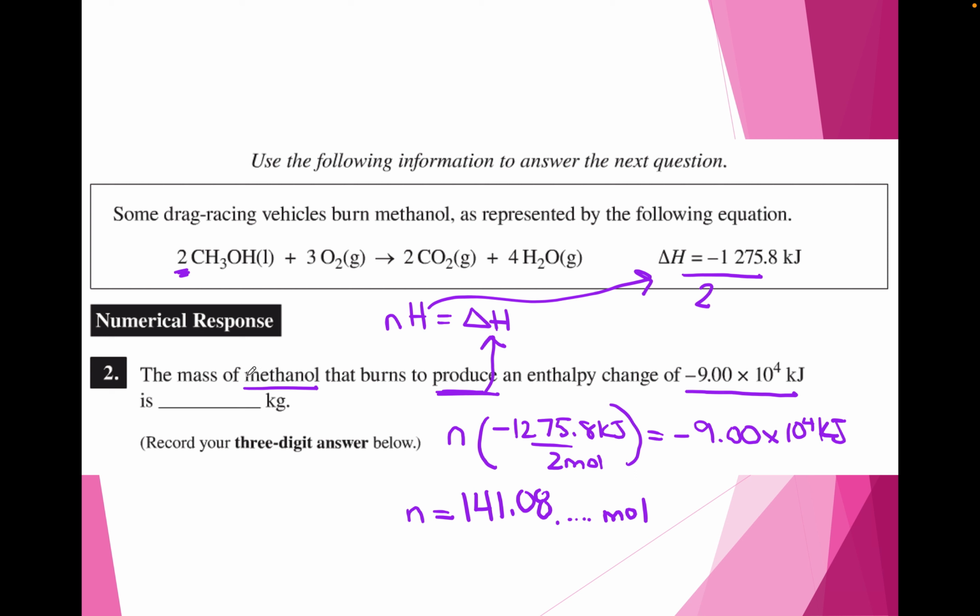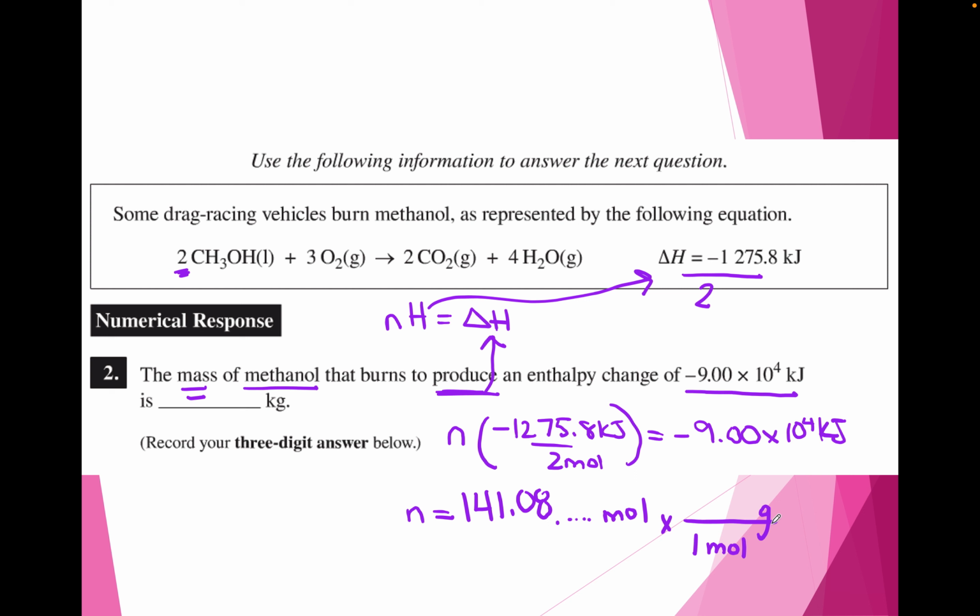Now, because it's asking for mass, I need to remember to go from mass to moles. I always will have the molar mass. So I'm going to multiply by the molar mass of methanol. And I just will need to calculate that from my data booklet. So I'd add my 1 carbon, and then I have 4 hydrogen total and 1 oxygen.